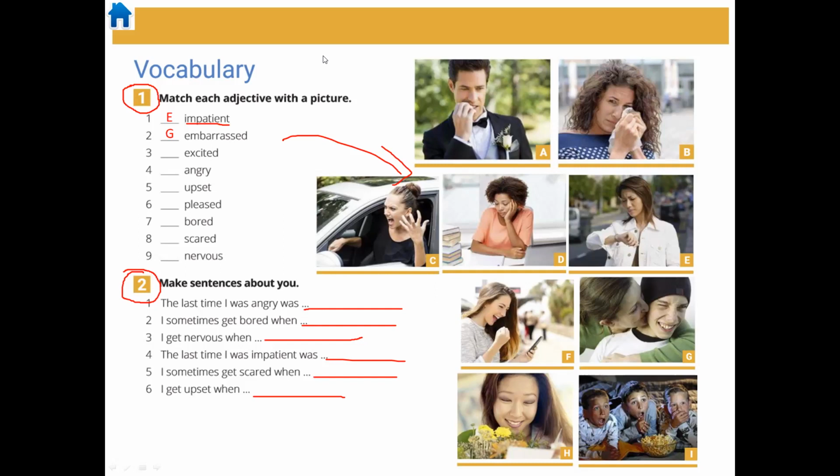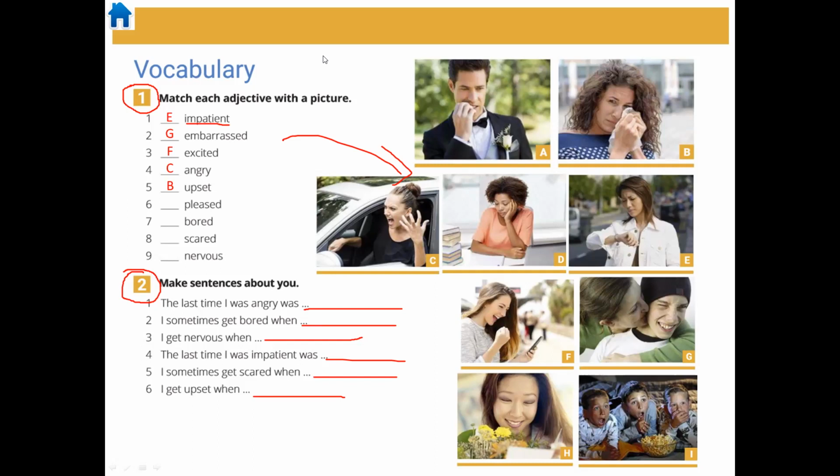Number 3, excited. That's picture F. Number 4, angry. C. Number 5, upset. This one's B. If you're upset, you may cry. For example, number 6, pleased or happy.